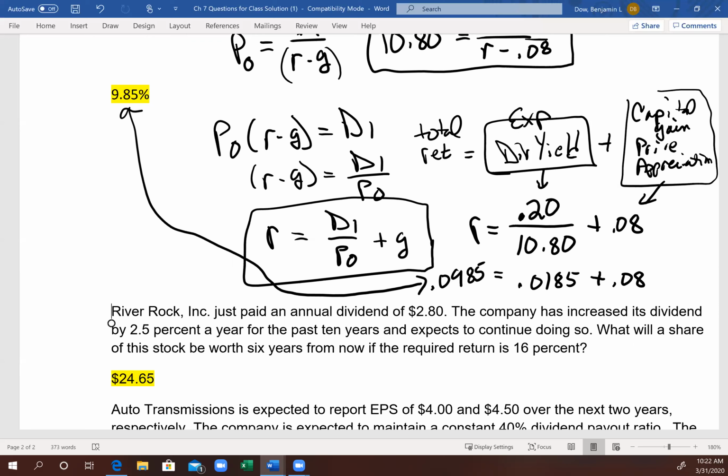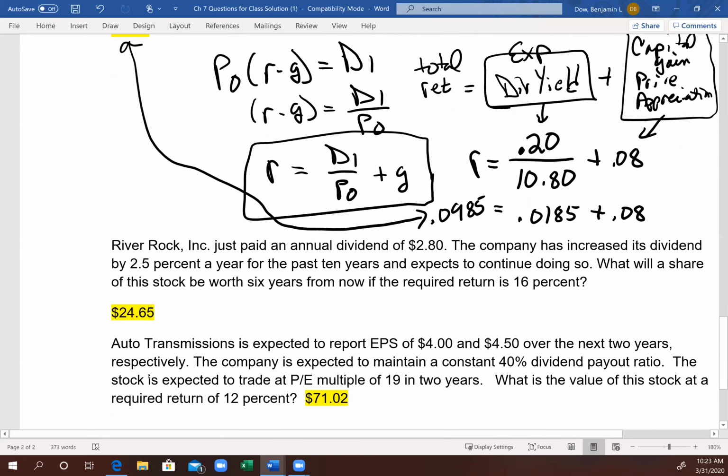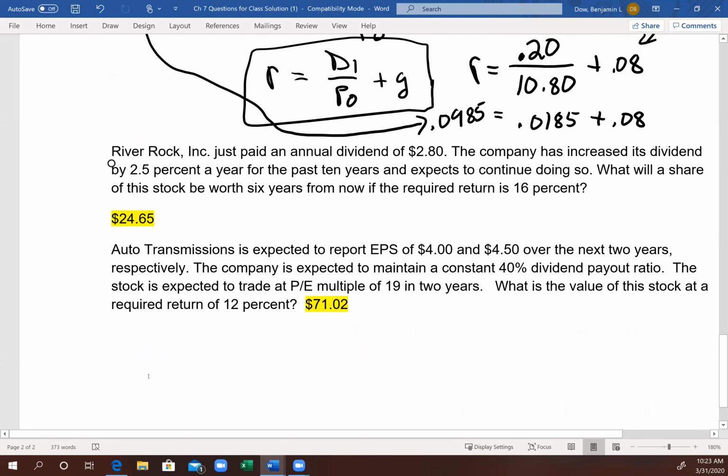So when you're assuming constant growth at 8%, you're basically assuming that the price of the stock will increase by 8% a year, and that the dividend at 20 cents next year will provide you with a 1.85% yield. The dividend will go up, the price will go up, so your dividend yield will remain the same. That's kind of a slick little piece of information.